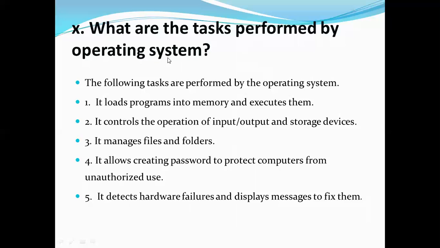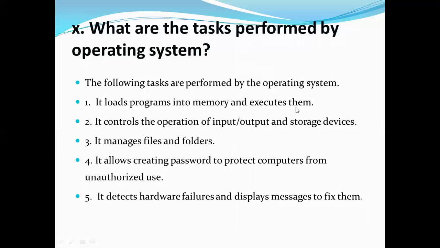We will not discuss mobile phones over here, we will discuss the computer. The following are the tasks performed by the operating system. Number one, it loads programs into memory and executes them.